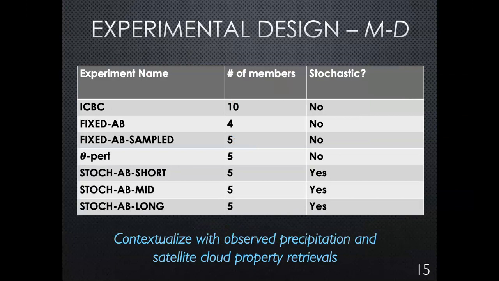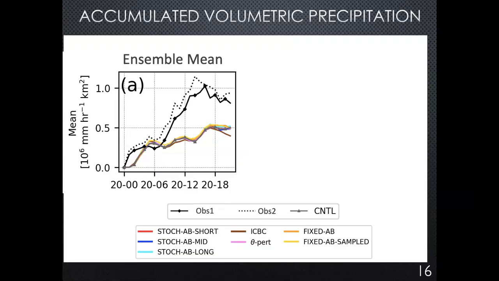So finally, let's look at some results from these various ensembles, starting with precipitation. In this figure, I'm just showing the time series of domain accumulated volumetric precipitation. So this is just domain accumulated rainfall. And I've included 2 observational data sets here in the black lines.